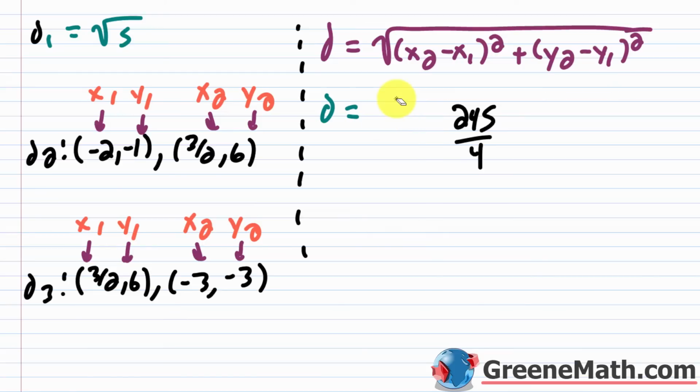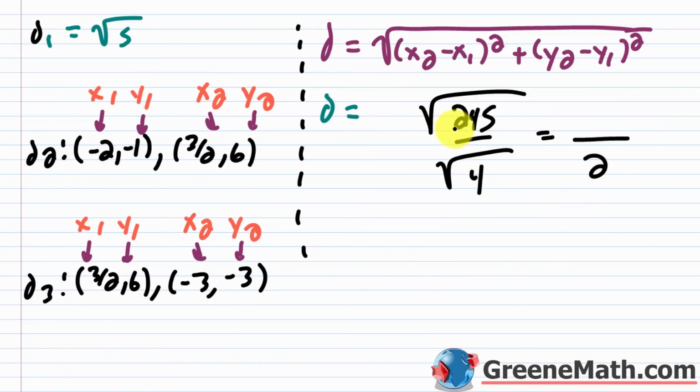So let's break this up and say this is the square root of 245 over the square root of 4. We can legally do that. So we know the square root of 4 is 2, so let me put 2 down there. And then up here, the square root of 245, well, you could write 245 as 5 times 49, and then 49, the square root of that is 7. So this would be 7 times the square root of 5 over 2.